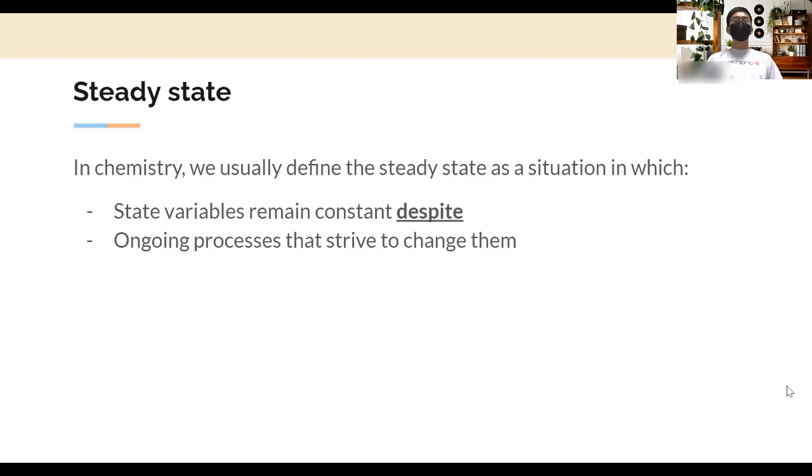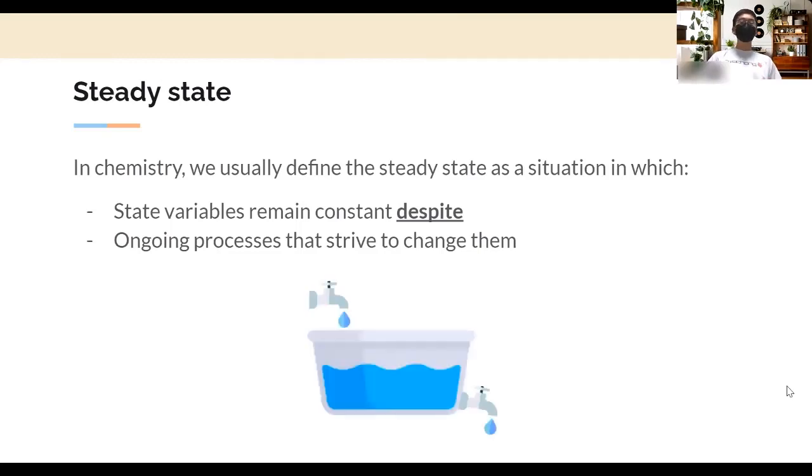So, what is steady state? In chemistry, usually we define the steady state as a situation in which the variables remain constant despite processes that strive to change them. One good way to think about this would be the stuff we see in our math questions, where someone is pouring water into a bathtub, but at the same time, they are pouring it out.